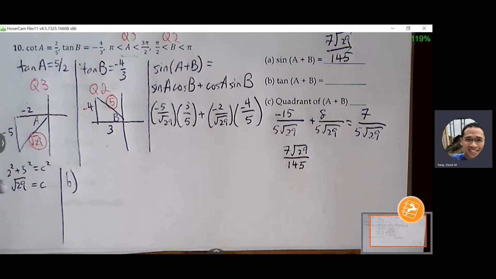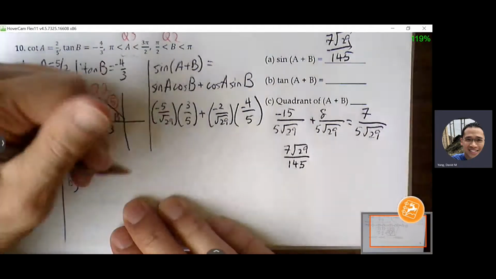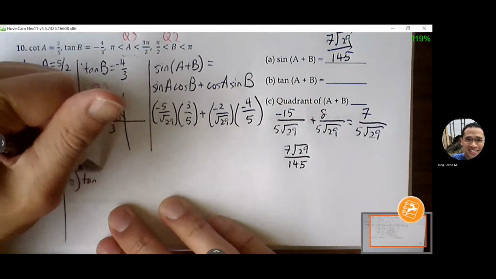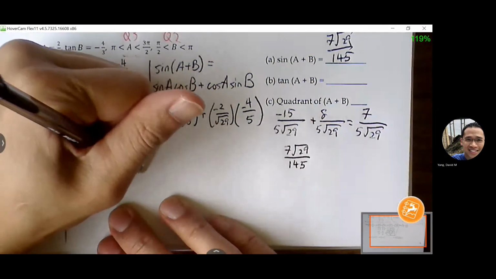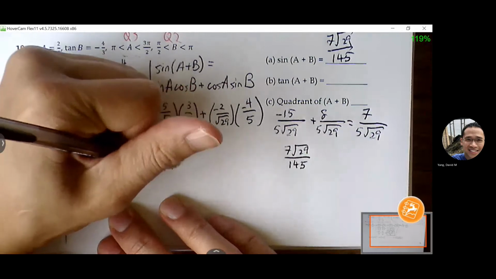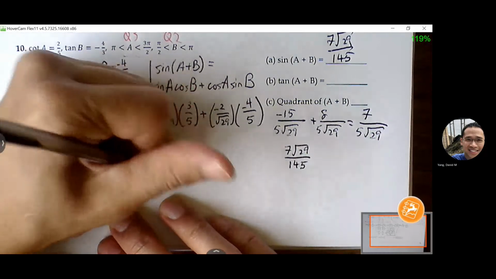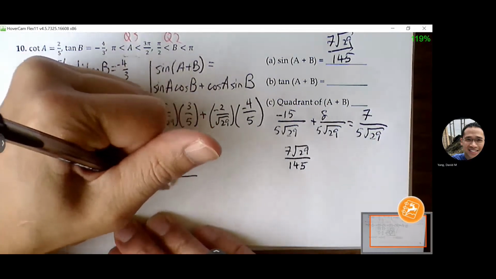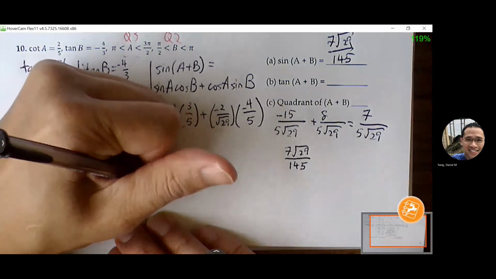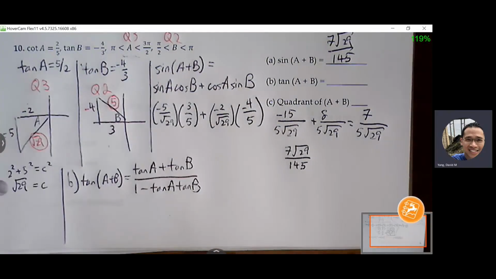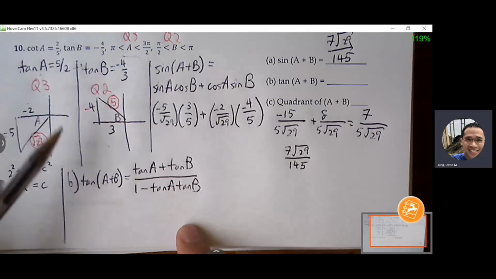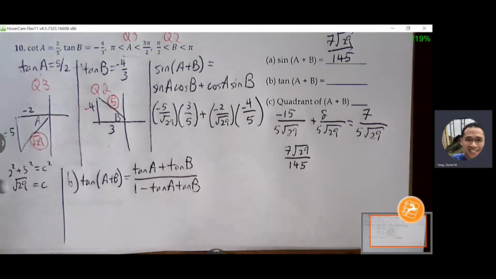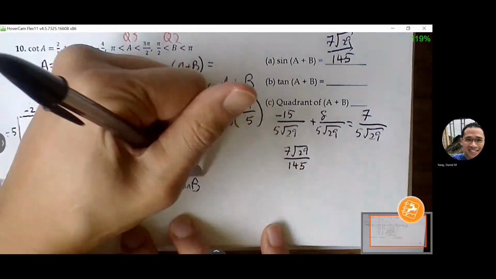Okay, moving on to tangent of a plus b. Everything is already given to us, so let's go a little faster. 5/2 minus 4/3.